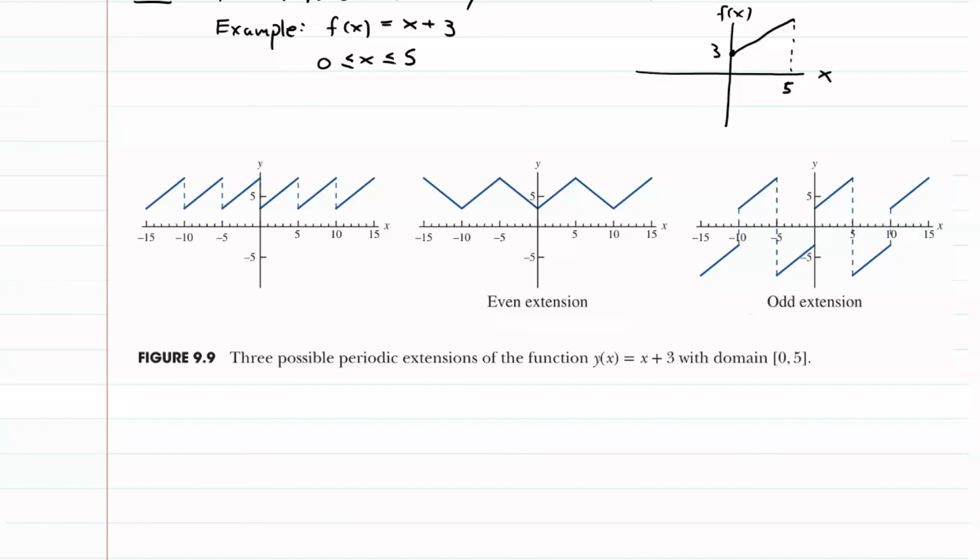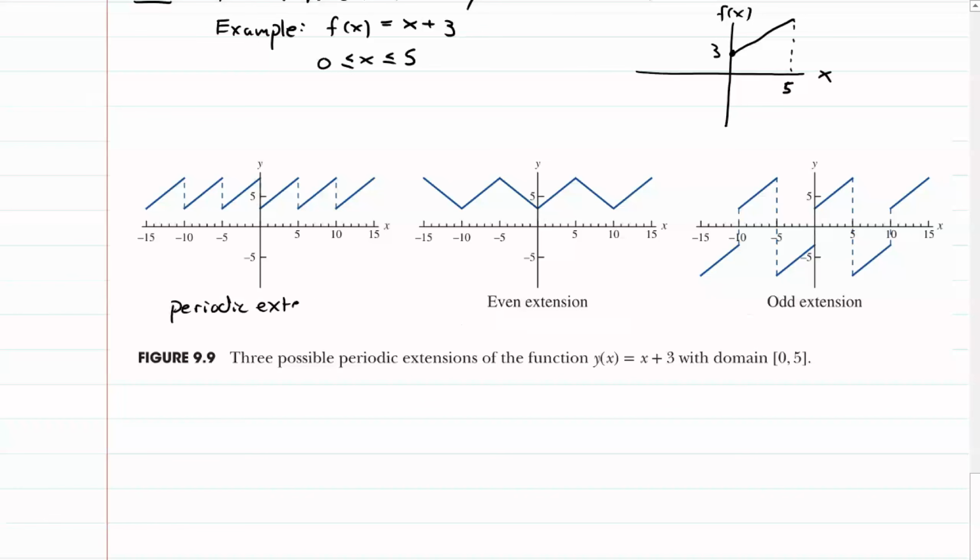Alright, so what I'm showing here are 3 different ways that you can extend that function. Take a look at this first one on the left. That one, pretty obvious, right? It matches the original function, x plus 3 from 0 less than x less than 5. And then all I did is I just repeated that over and over again outside that domain. So this straight repeating is what we call the periodic extension.